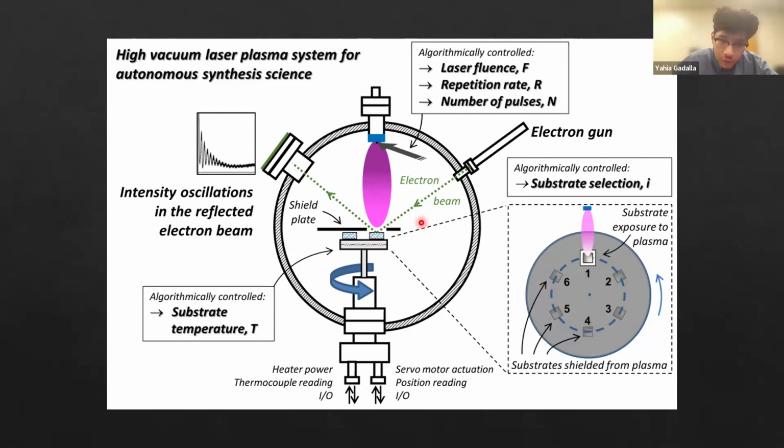You'll also see an electron gun, an exaggerated electron gun. I'll show a more accurate figure later on. And then other parameters in the experiment, and you'll notice the words algorithmically controlled. This is important because our eventual goal is to automate this process.